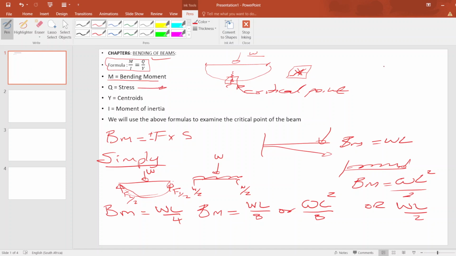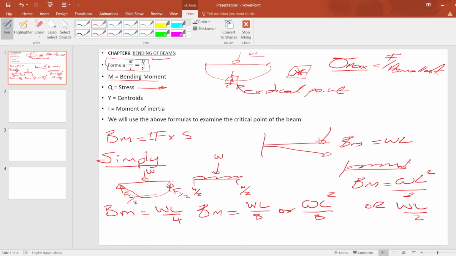Then in calculating the stress, whether it's a stress max or stress min, it will be force over area. Now, if we are calculating the maximum stress, please make note that we will always calculate the maximum stress from the smallest area.